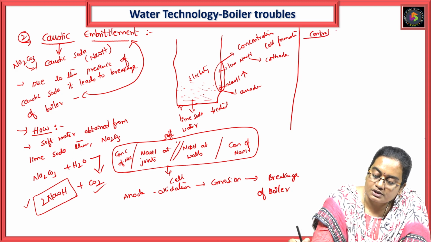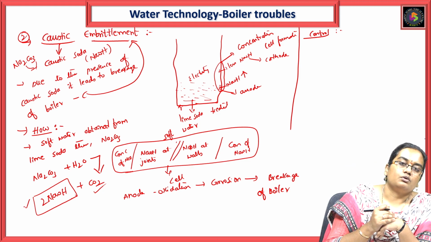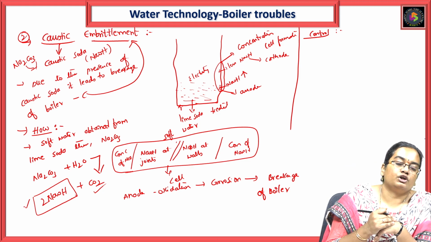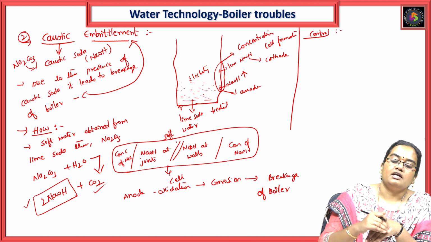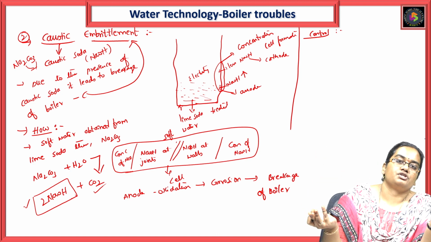Now, how to control this caustic embrittlement. If your boiler is having the ups and downs, then only there is a formation of concentration cell. Suppose the entire wall of the boiler is uniform, then there is no accumulation, right?